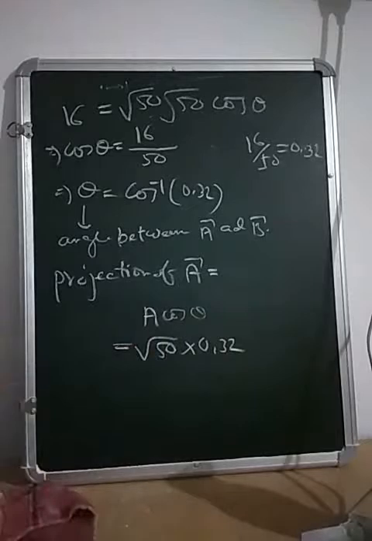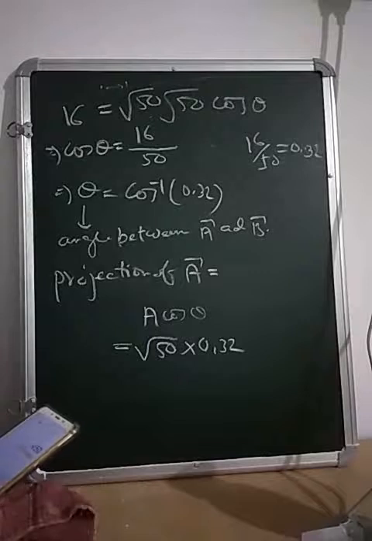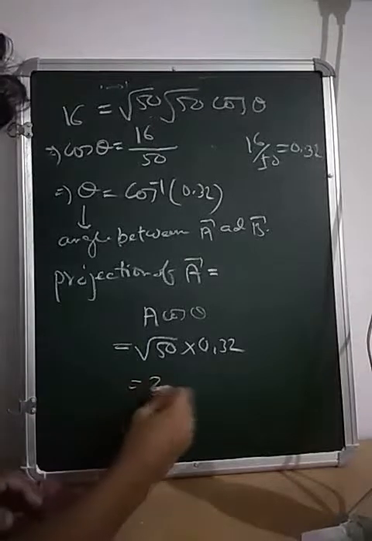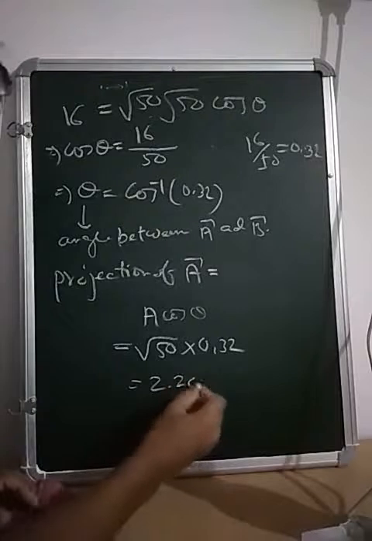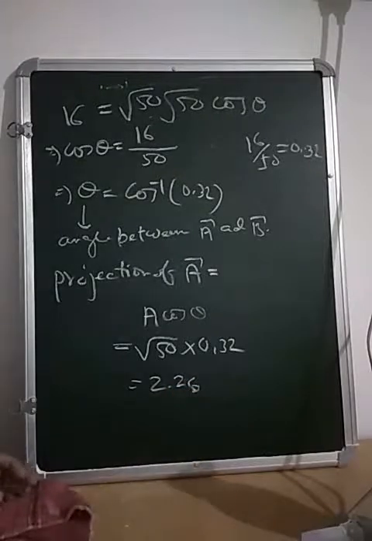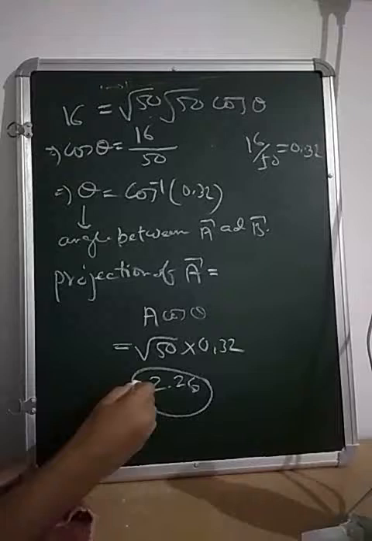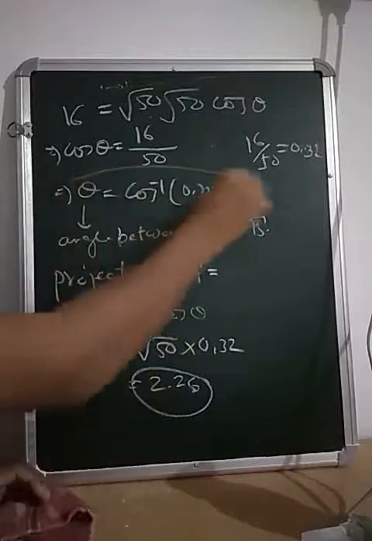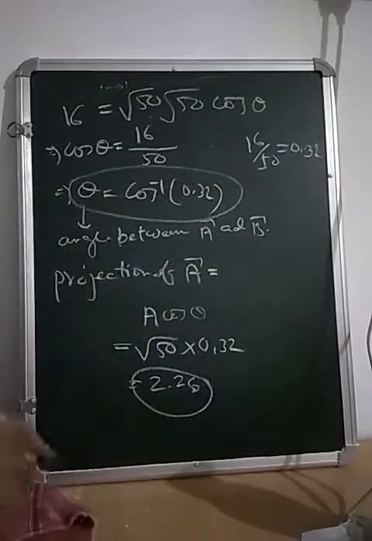So if we solve this, root 50 into 0.32 gives about 2.26. This is the projection of vector A on B.